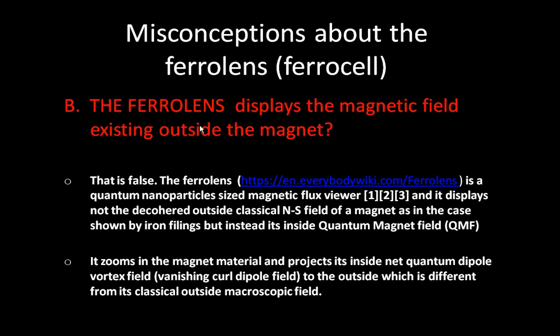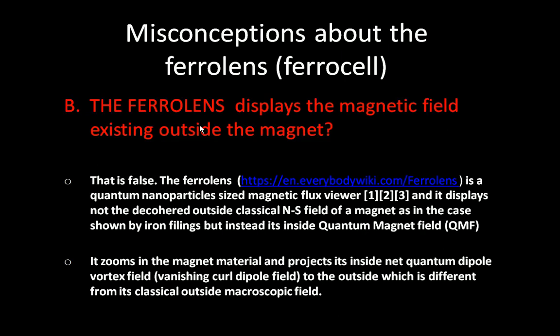I can see the confusion. The confusion comes because the field we see by the ferrolens does not match what we were taught in schools. But I have proven with my publications what really happens.